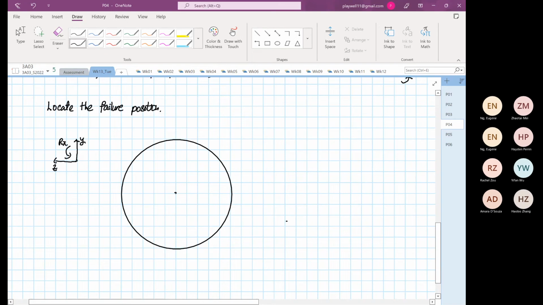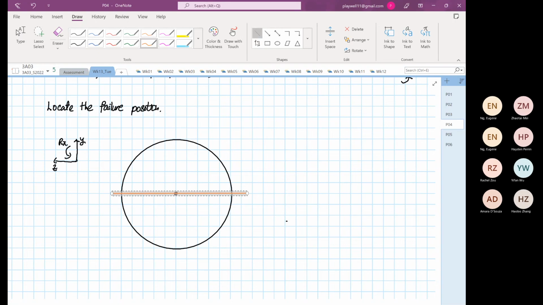Okay, so I'm going to draw the center line. And I'm going to have elements. Okay, we're going to have elements.